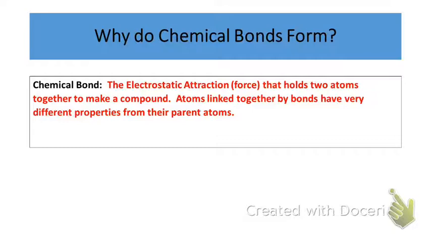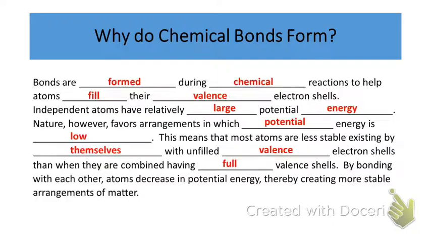But when we combine those two together to form a chemical bond, which results in a compound of sodium chloride or salt, it's perfectly safe for us, and we can consume it and eat it. So again, this is a great example of the properties of the bonded atoms together being different than the individual parent atoms.